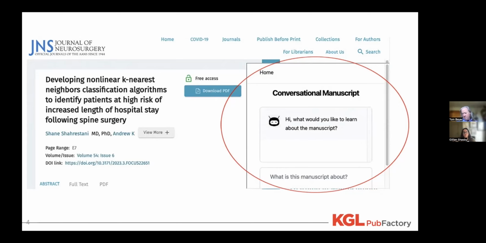And then on this article, we had the conversational manuscript interface, which was toggleable, so people could get it out of the way if they didn't want to use it. And then we had a link to a survey there. We did all of that very, very quickly, which is a testament to the PubFactory flexibility and Tom's magical powers.